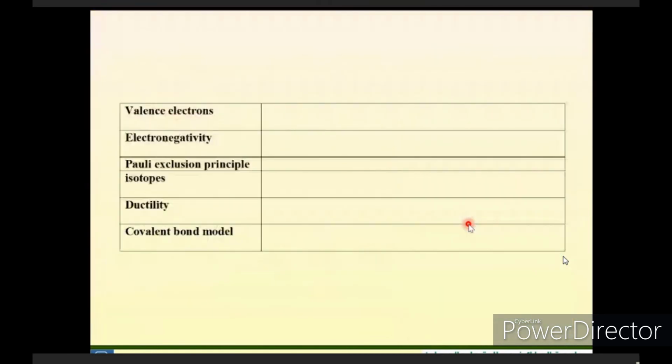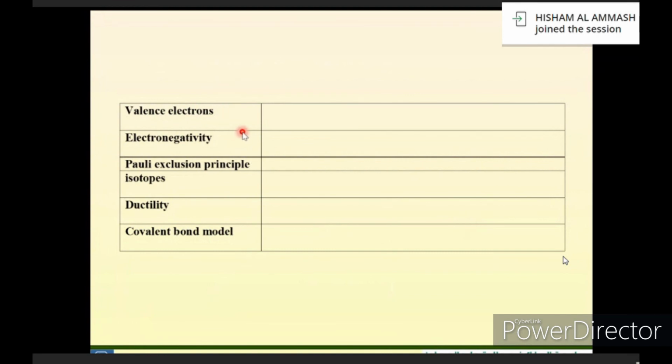Again, in chapter number 2, there are a few definitions, many definitions actually. Valence electrons are the electrons which can be freely moved. S and P orbitals are called the valence electrons. Electronegativity, electropositivity. What are anions? What are cations?